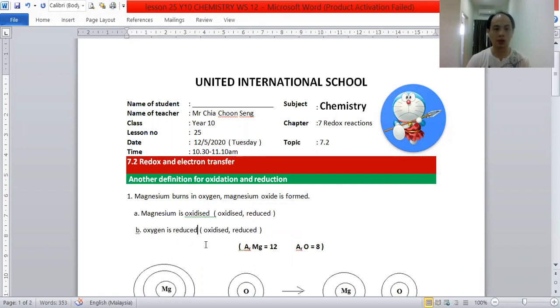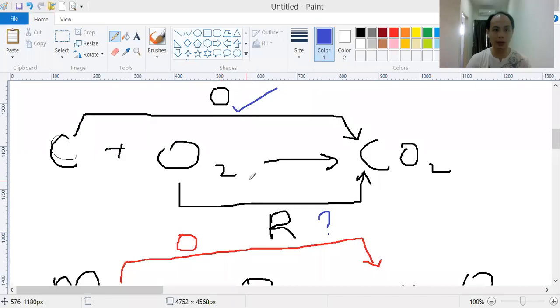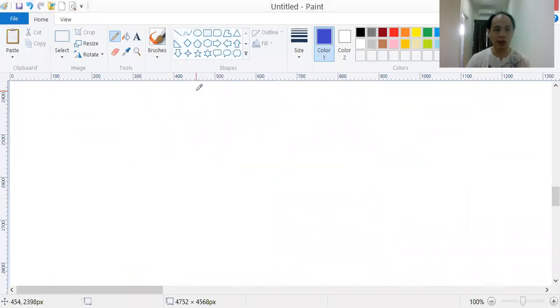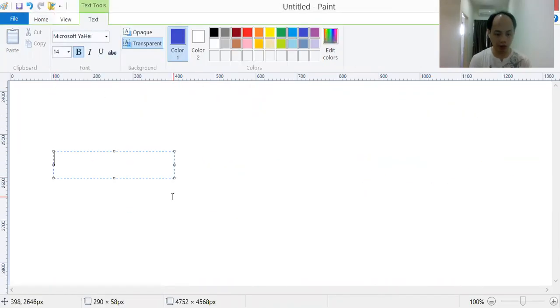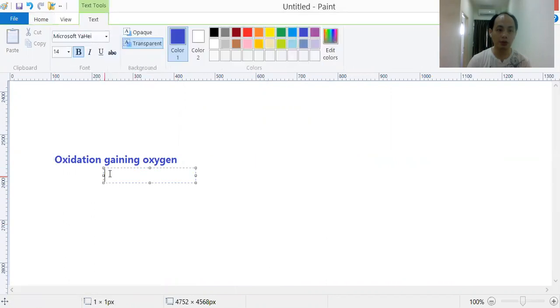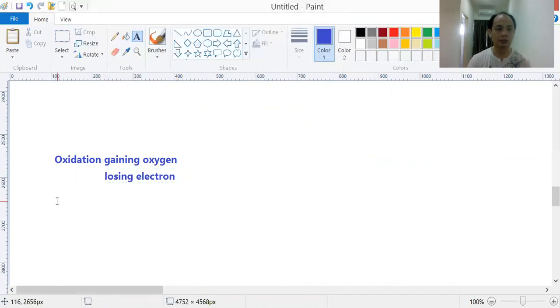Now let me stop a while and share with you the overall picture. What does it mean by oxidation? Oxidation means gaining oxygen. It can also be losing electrons.